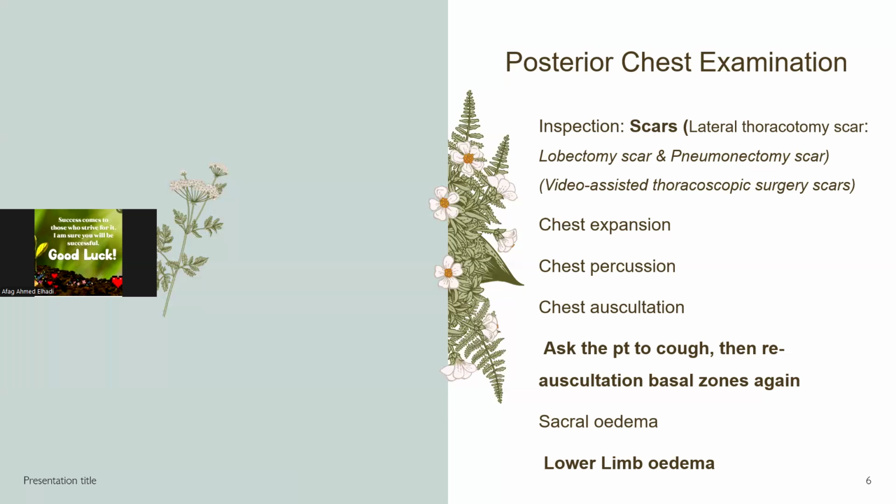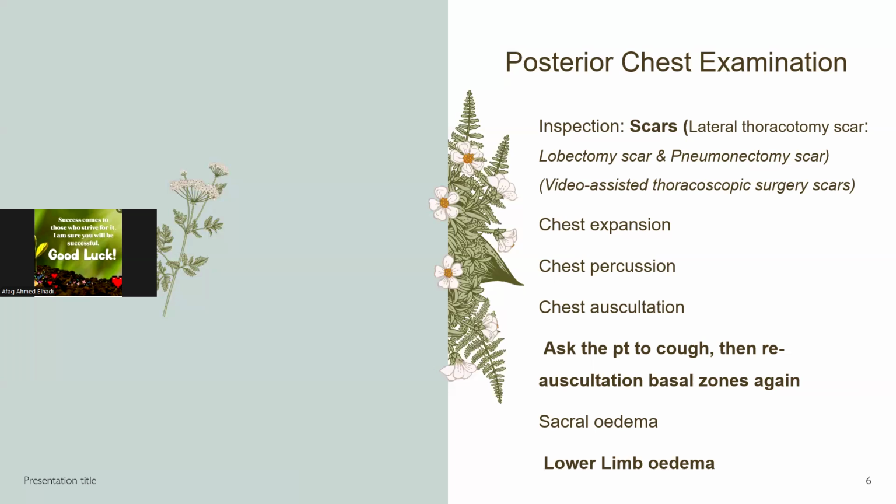And we repeat the same steps: chest expansion, chest percussion, chest auscultation, and try to avoid the scapula area. So do above the scapula, between the scapulae, and under the scapulae. And the most important thing is the auscultation, especially in the lower part, because you might find crackles, and we need to know if these are inspiratory crackles, which indicate interstitial lung disease, and will not change by coughing.